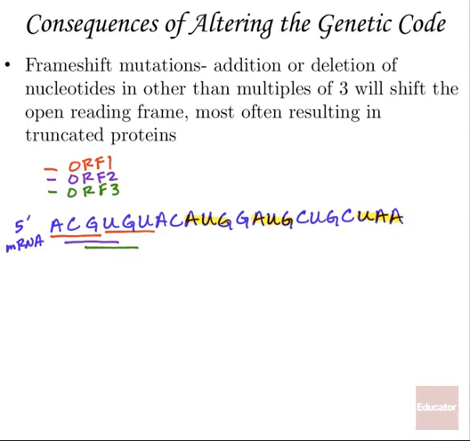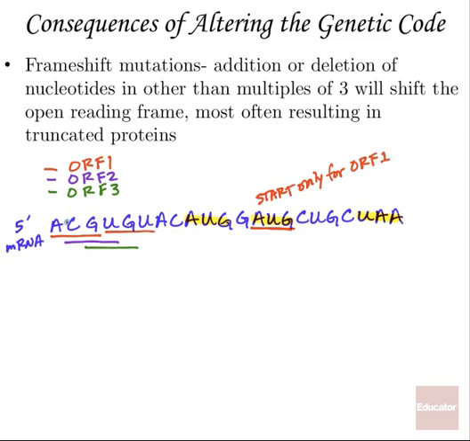So if we look, we can see that if we go red, 3, 3, 3, 3, 3, right? This is actually a start codon only for open reading frame 1. Okay?